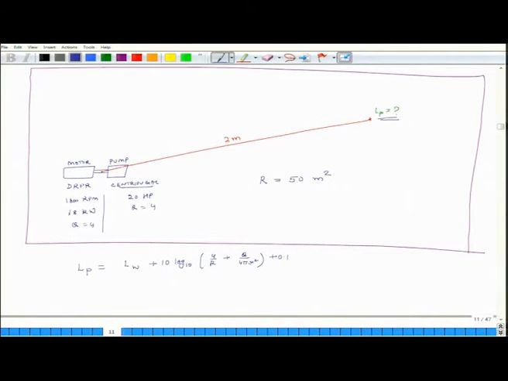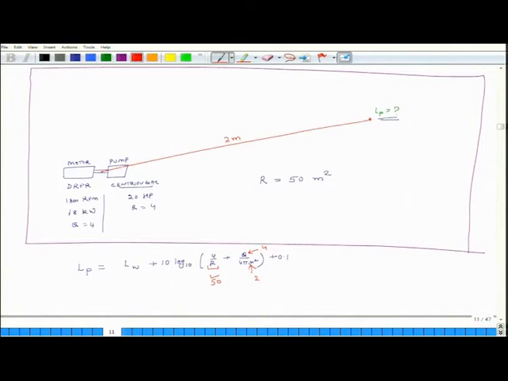In this relation we know capital R is 50 meters square, we know little r which is 2, and we also know the directivity. It just happens that both the machines have the same directivity, so things become easier, and this value is 4.